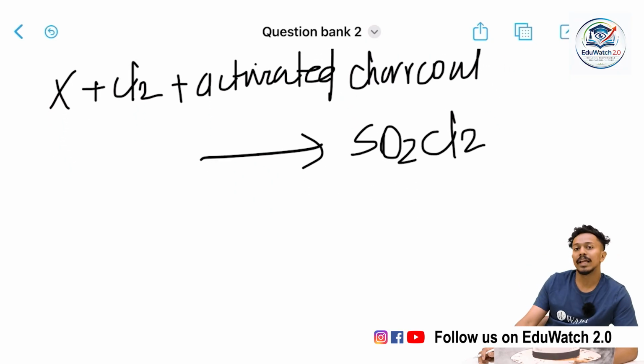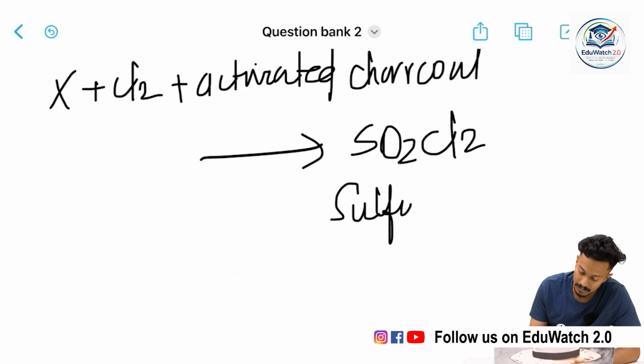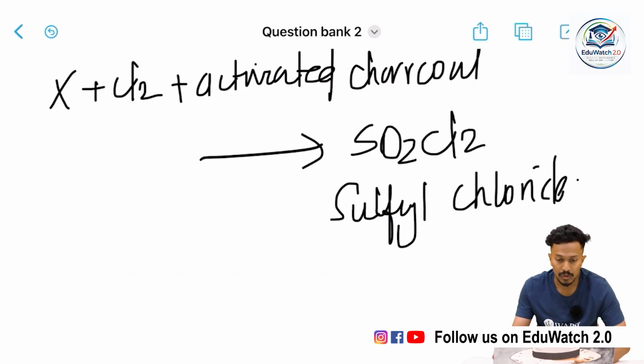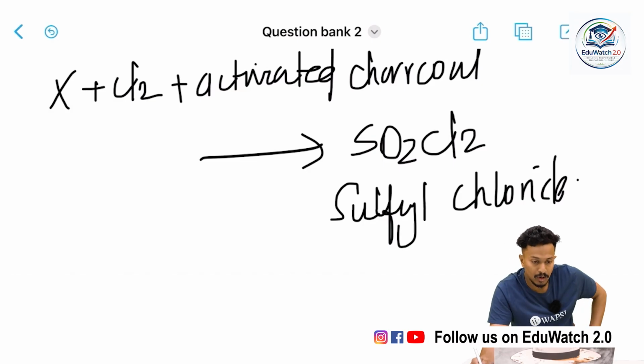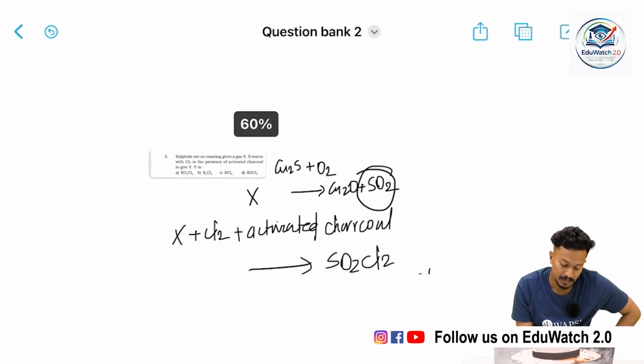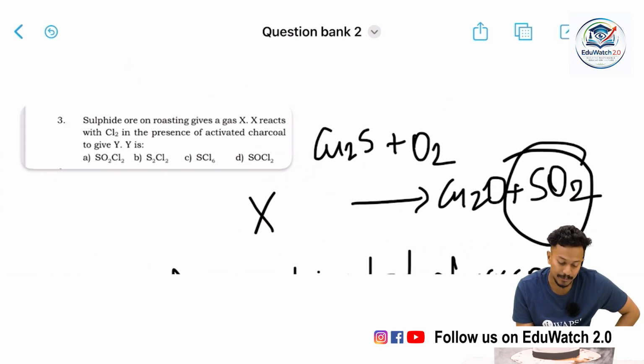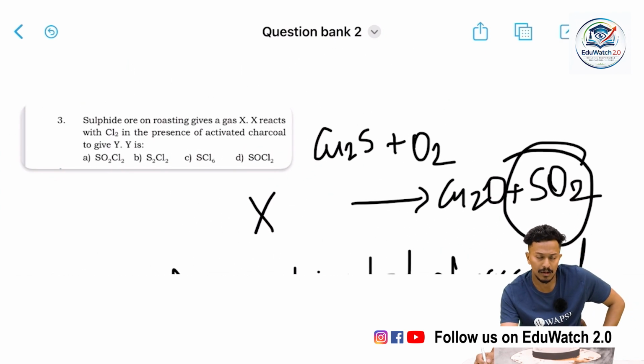What do you name this compound? SO2Cl2, sulfuryl chloride. So the correct option would be option number A, SO2Cl2. The Y, obtained on treating with activated charcoal, is sulfuryl chloride, option number A.